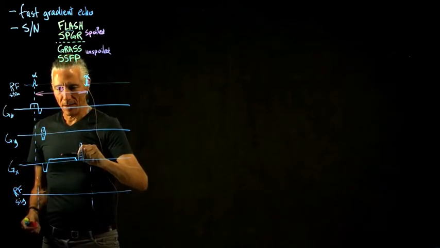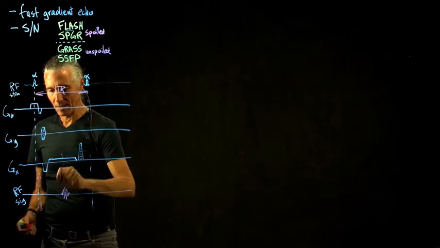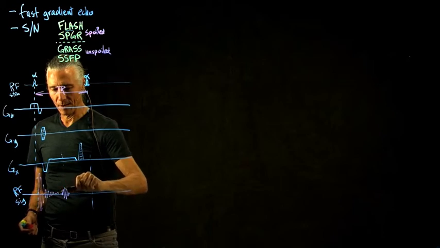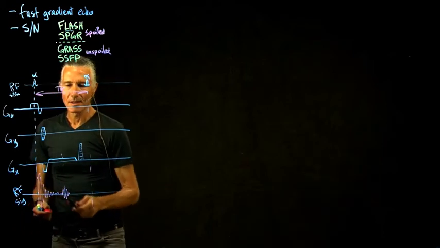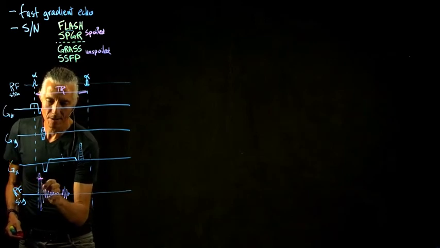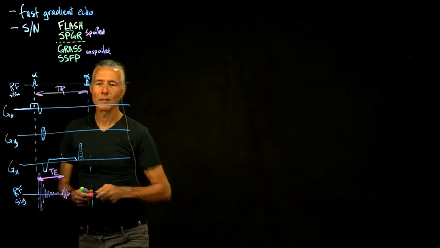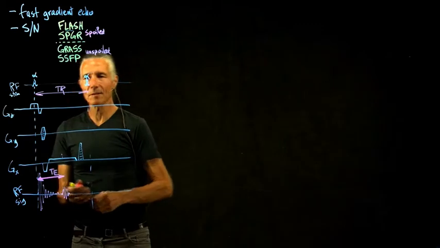And then remember the echo is going to come, so here's the FID, and then here's the gradient echo. And this time here is the echo time, like that. Okay, so that's the full sequence.